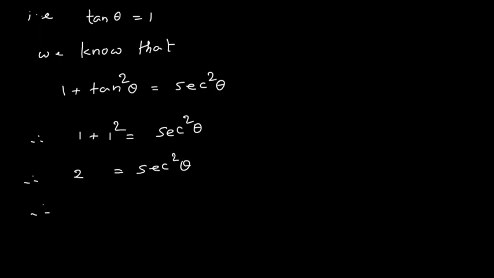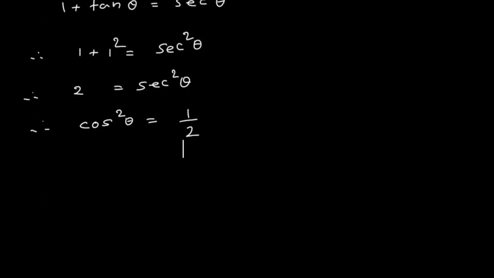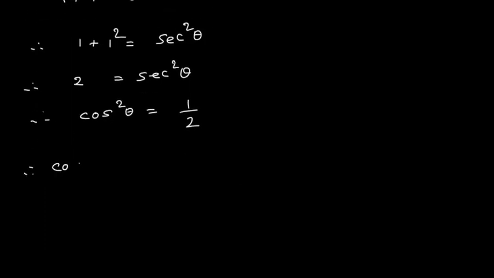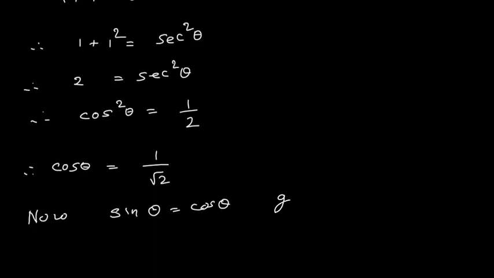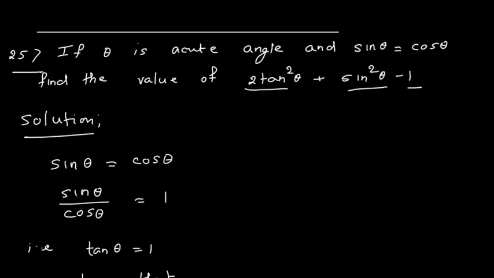Therefore cos square theta is what? Cos square is the reciprocal of sec square. So cos square theta is 1 by 2, and therefore cos theta is 1 upon root 2. Now we have sin theta is equal to cos theta. This is given. Therefore the value of sin theta is 1 upon root 2. Now we have to find the value of 2 tan square theta.